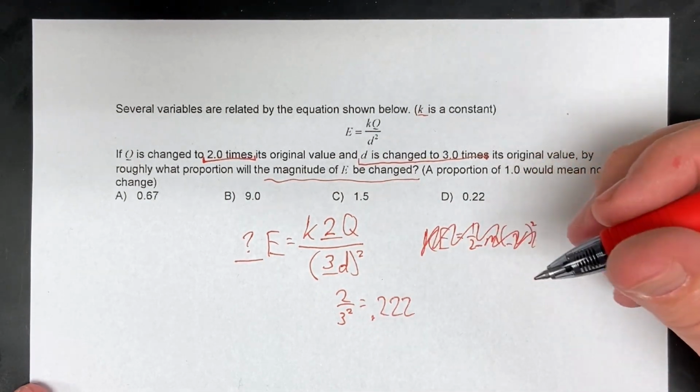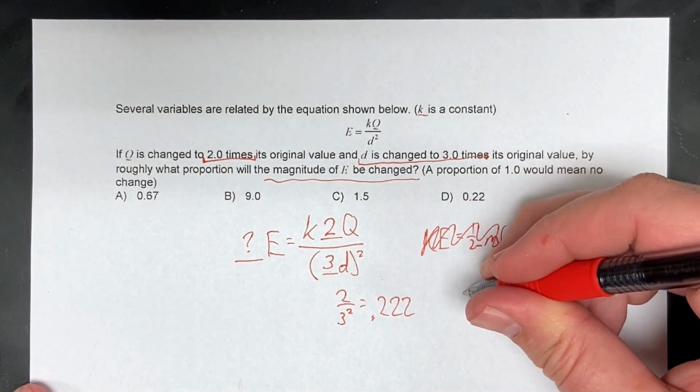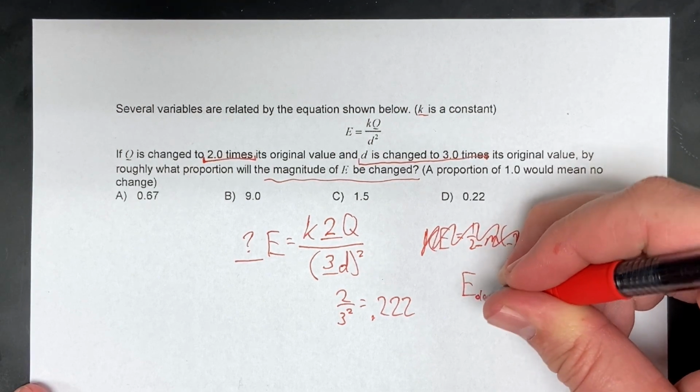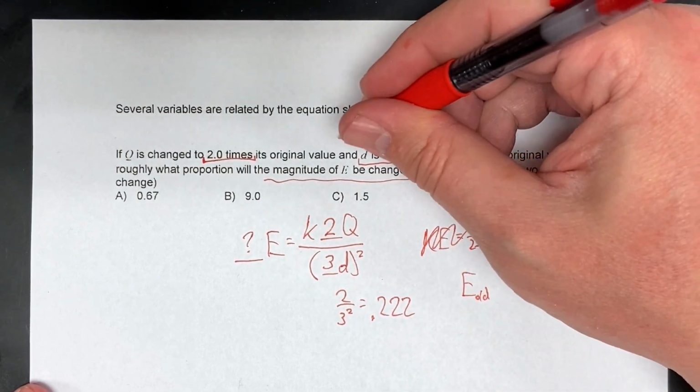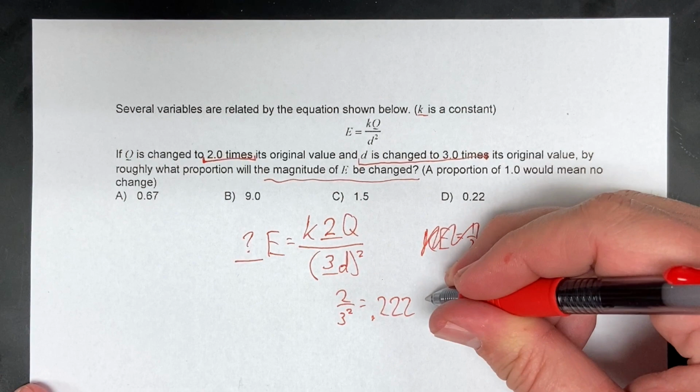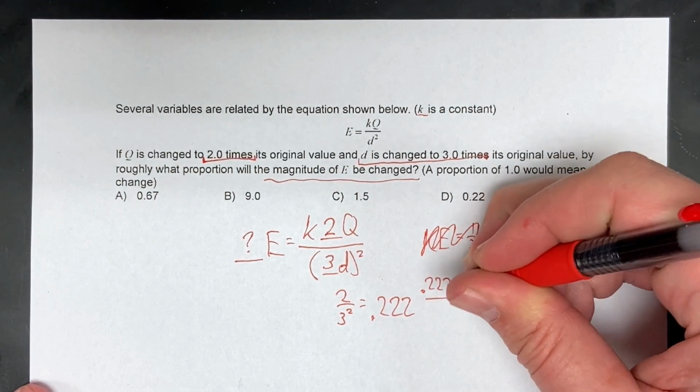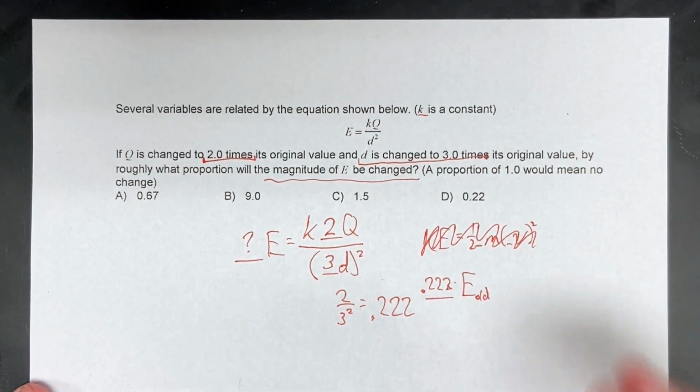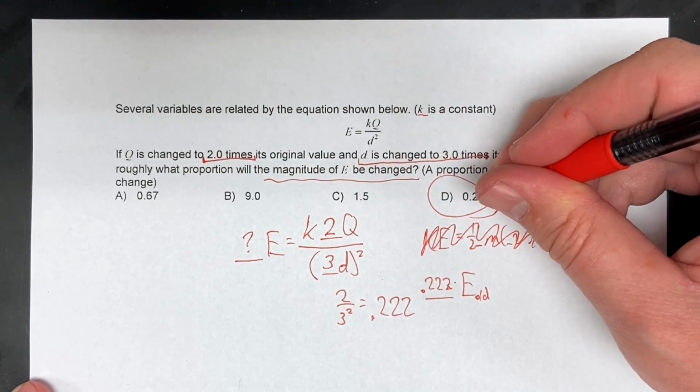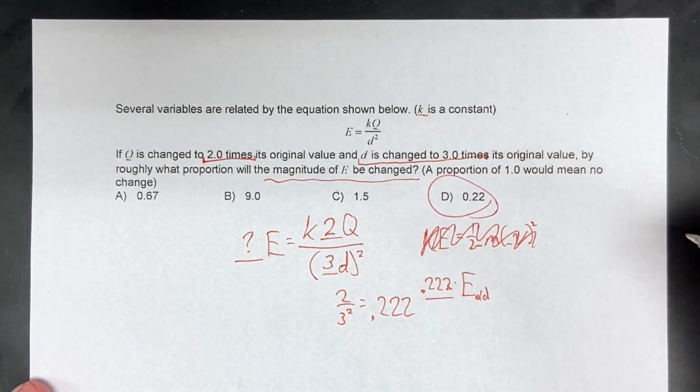And so this is telling me that my new electric field strength, compared with the old, my new value for E, in other words, is 0.222 times our old value. So it is changed by that much. That allows me to select that. So again, this isn't the new value, this is how much it has changed.